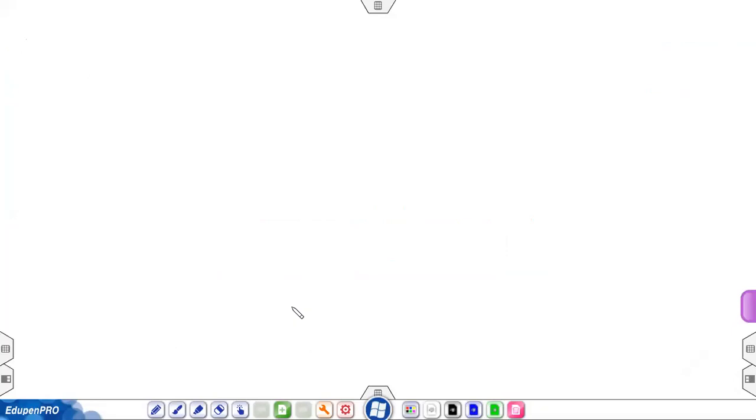To understand the PN junction, let me write here: PN junction diode. To understand the PN junction diode completely, we require two things.